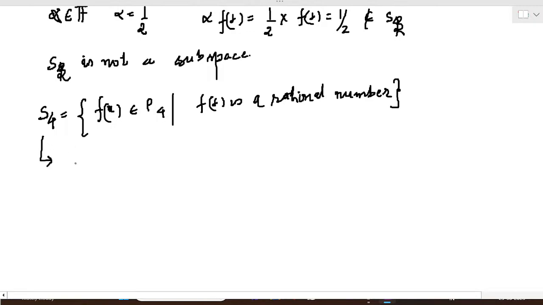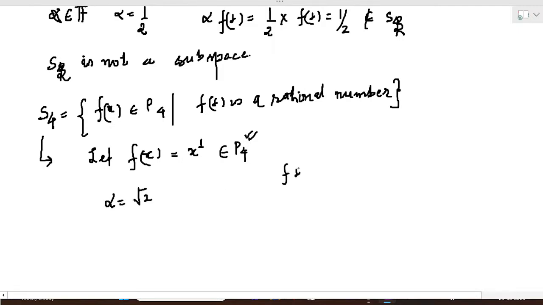Indeed, no. Why? Let us take the example f(x) equal to x. Clearly, it will belong to P4, and we know that P4 is the set of polynomials with degree less than or equal to 4. So clearly the degree is less than 4, and we also know that P, the set of all polynomials with real coefficients, forms a vector space. Now consider the scalar alpha equals root 2.